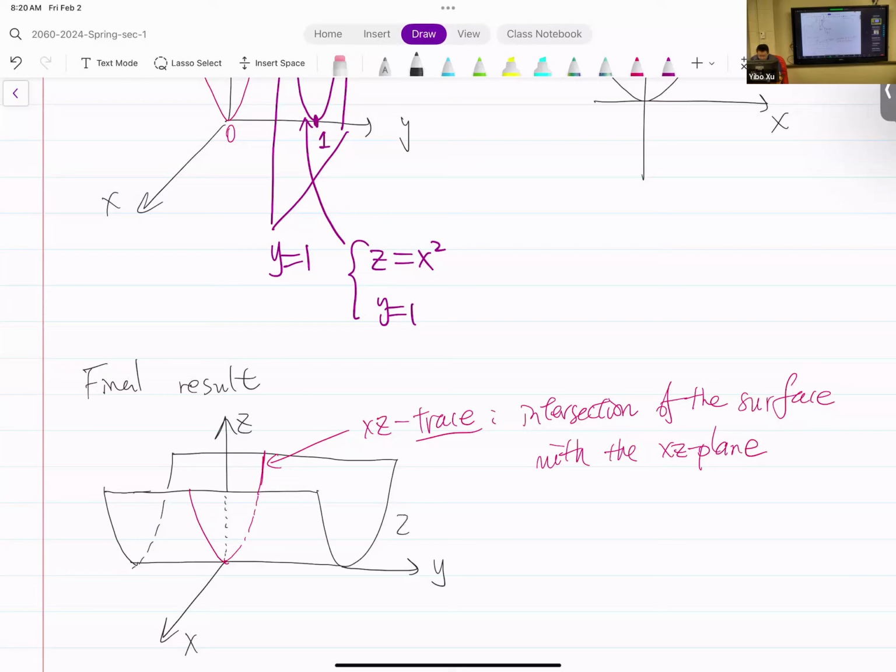So now here we do have a sketching of z equals x squared. So basically, whatever y value that you pick, that kind of plane is perpendicular to the y-axis. So that plane intersecting this surface that we have will always give you the same shape of a parabola, like this, or like this. Okay, so the shapes are exactly the same.